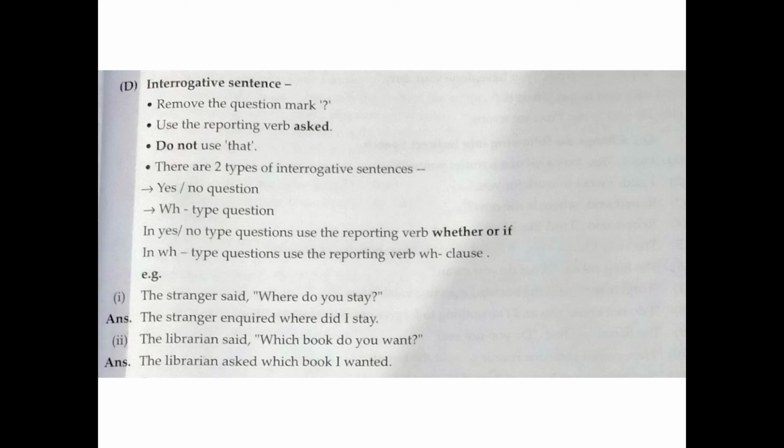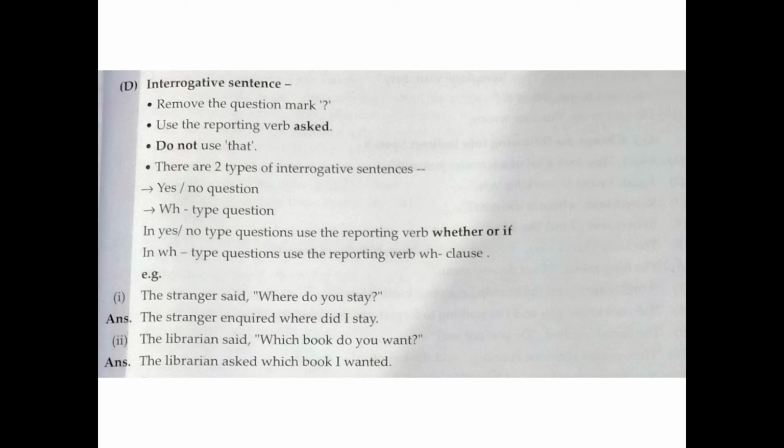As we know, there are two types of interrogative sentence, yes-no type question and WH type question. For a yes-no type question we will use whether or if after the reporting verb, and in the WH type question the reporting verb will be followed by a WH clause. So what is the WH clause?